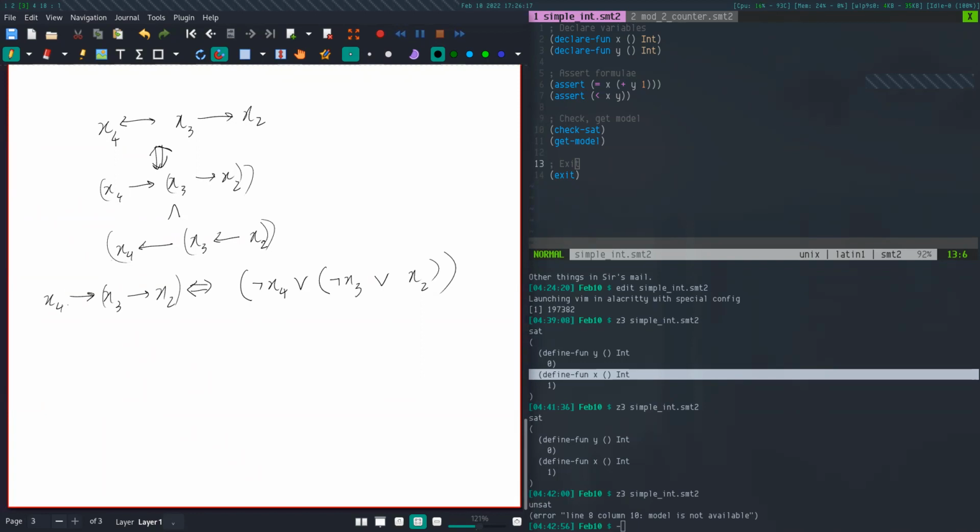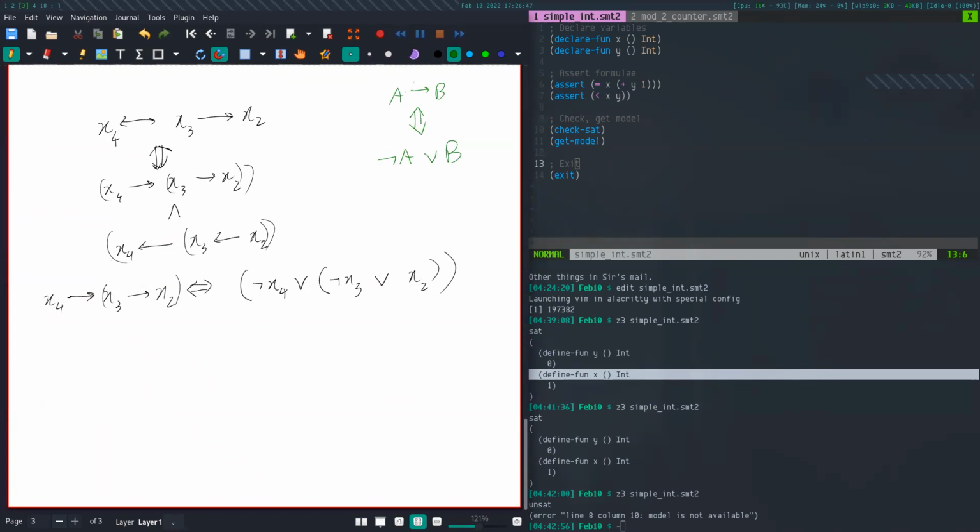As an aside, A implies B is defined as not A or B. Either A is false, then your entire thing is true, or if A is not false, then B has to be true.